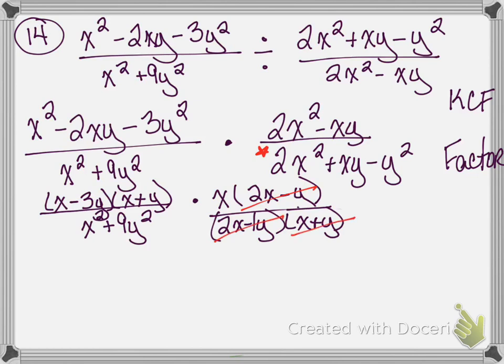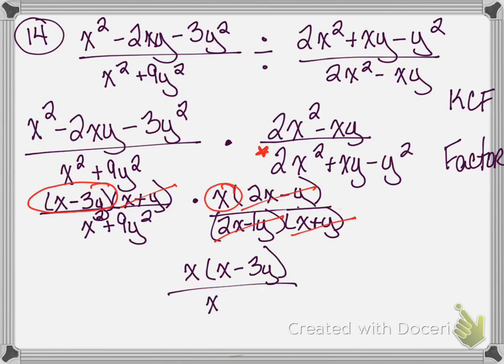Then we have an x plus y and an x plus y. And I think that's it. So in the numerator, I'm left with x minus 3y and x. So I have x times x minus 3y. Then in the denominator, I have x squared plus 9y squared.